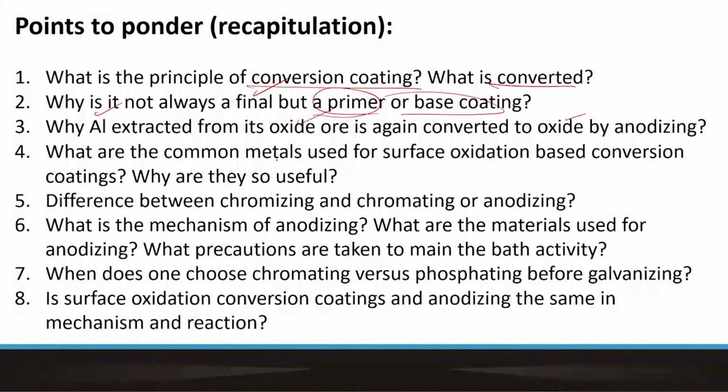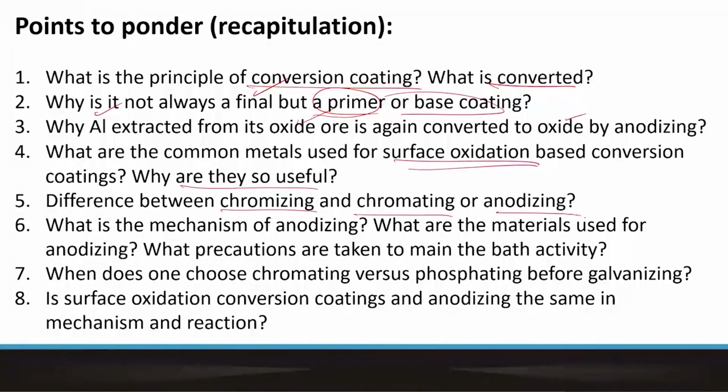In all the processes of conversion coating, surface oxidation is the key to convert the metallic surface up to a certain depth into a compound form which is stable and corrosion resistant. So corrosion resistance and the ability to improve the surface adhesion of the subsequent layer are two reasons why conversion coating is so important.